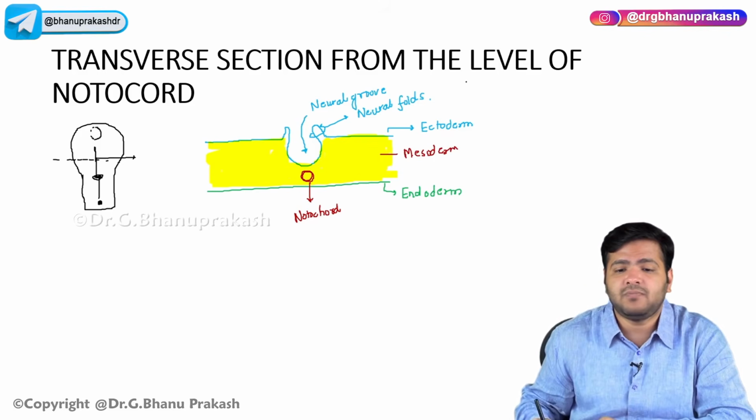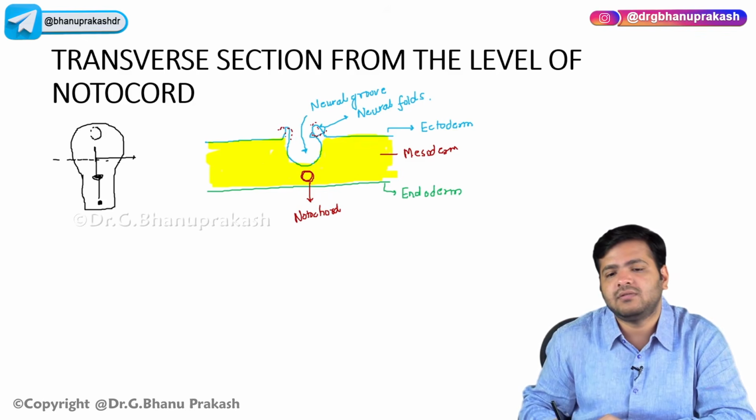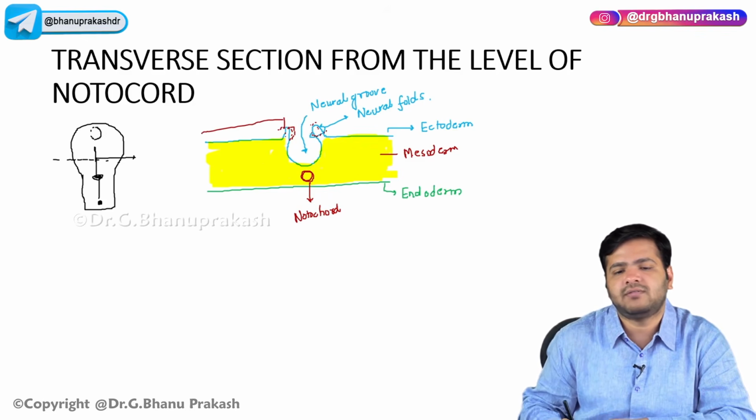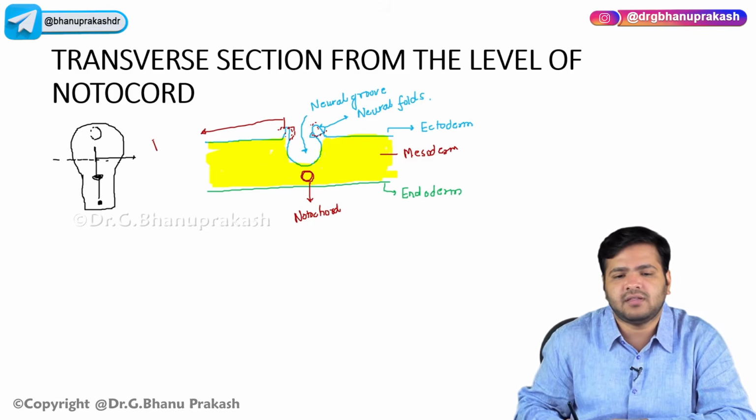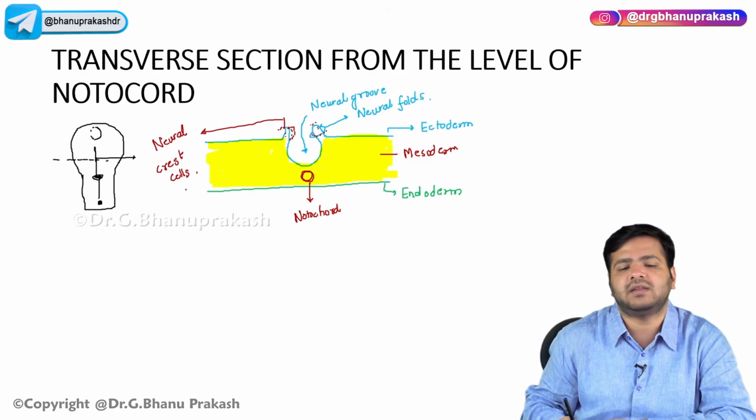Now, what will happen at the margins of the neural fold? We have a special population of cells, okay? We have a special population of cells at the margins of the neural fold, and these special population of cells are called the neural crest cells. The neural crest cells are also called the NCCs.